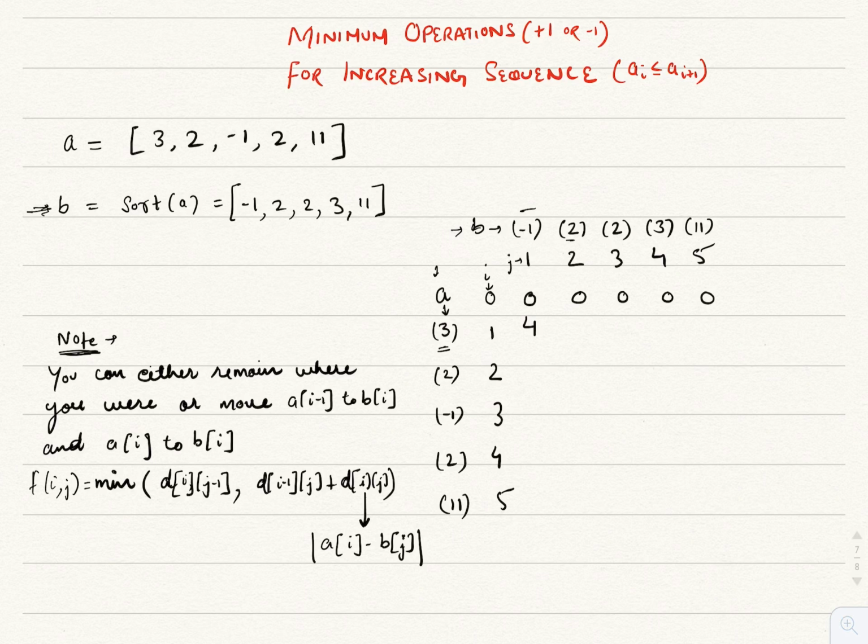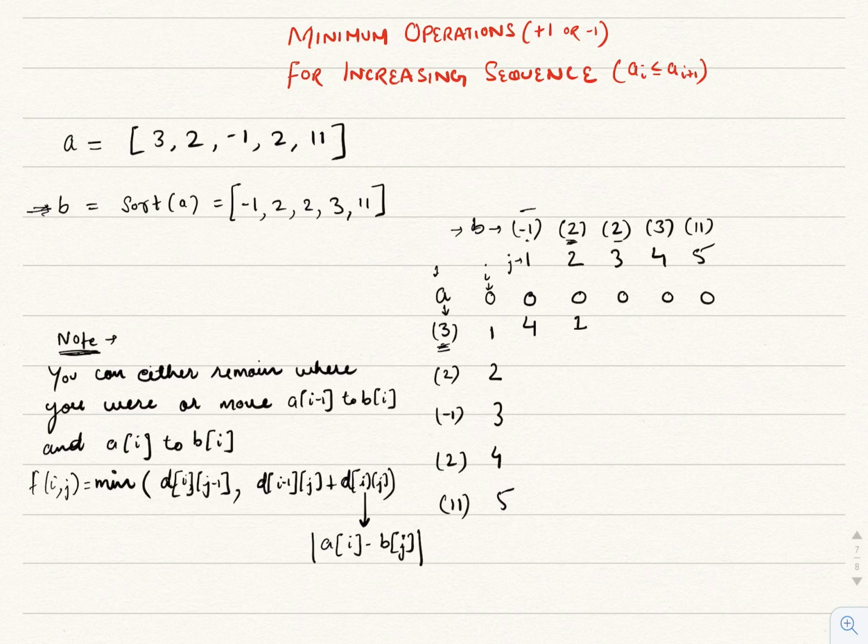Now if I want to move 3 to 2, and I have to find the minimum operations, so I have to see whether moving 3 to minus 1 was minimum or 3 to 2 was minimum. So 3 to minus 1 was 4 operations, and the number of operations for moving 3 to 2 is 3 minus 2, which is 1. So the minimum of them will obviously be 1. For the next element of B, we want to do the same thing.